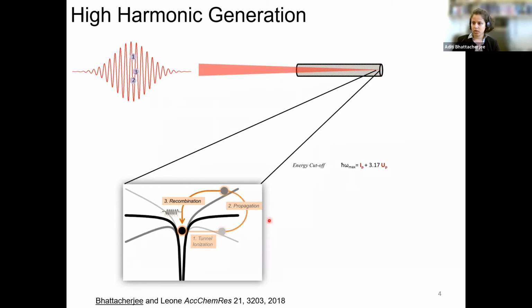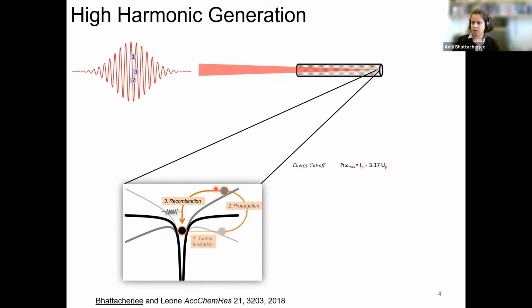And a blown up view of this is the microscopic view of HHG, which is understood from a semi-classical three-step model. The intense part of the pulse, labeled B, distorts the Coulomb potential of the atom, as a result of which an electron tunnel ionizes, and it's launched into the continuum. It then propagates and accelerates in the field.